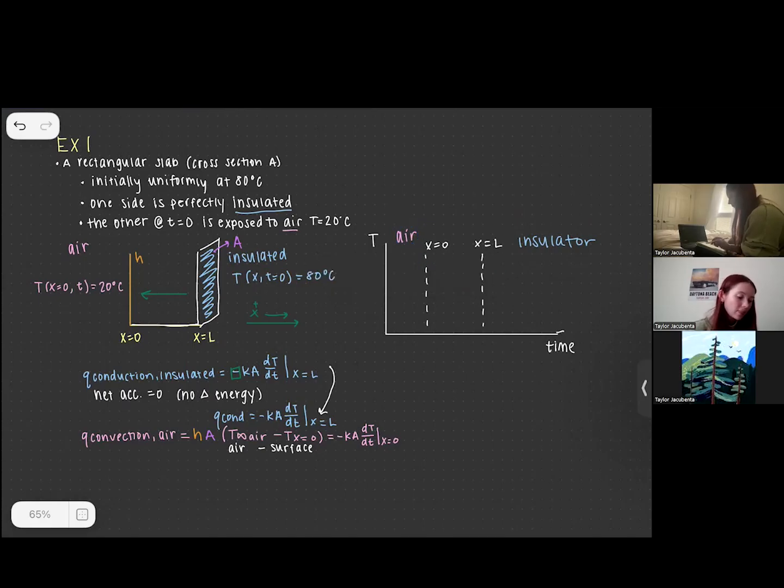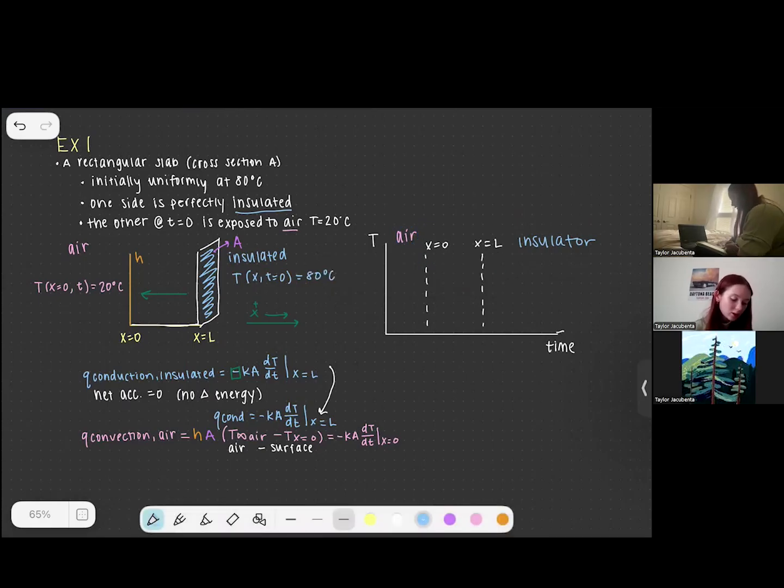Okay, and then our heat flux across the insulator is not changing, so this derivative, or the slope, is going to be a straight line.